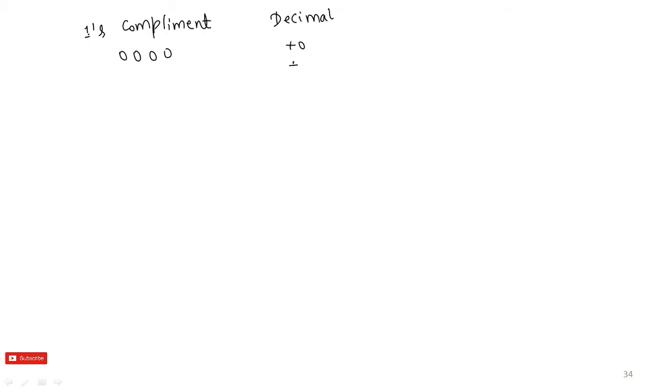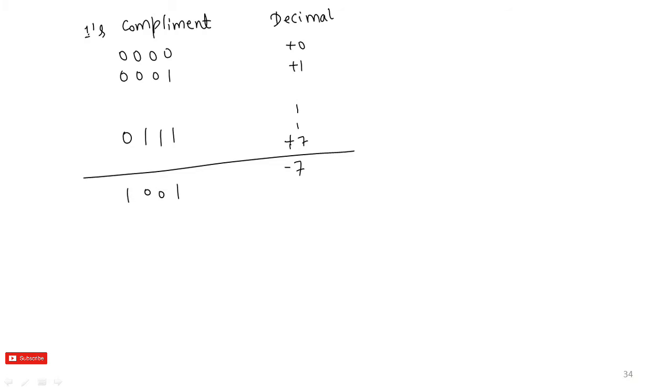Plus 1, same. For plus 7, same procedure, 1 1 1 and 0. The picture will change for negative. So first -7. This is plus 7. Take its complement, means 1 0 0 1. Okay.